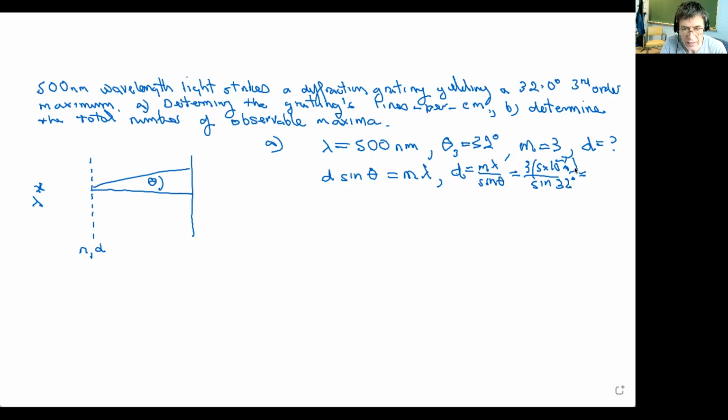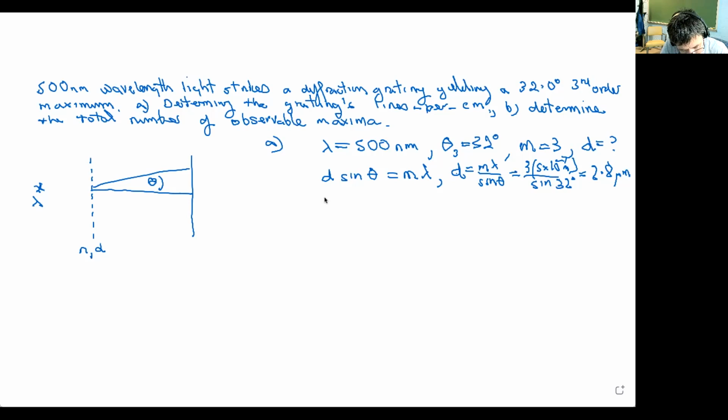And if I calculate this quantity here, already done it, I got 2.8 times 10 to the minus 6 meters. I'm going to write it as 2.8 micrometers. And that's the line spacing. That's the slit spacing of our diffraction grating.